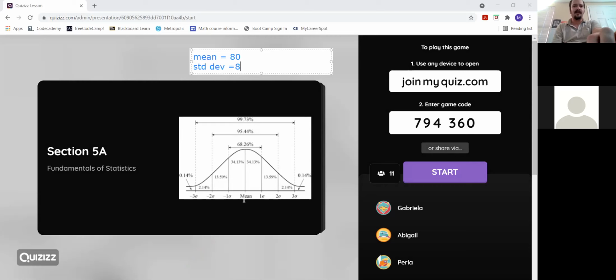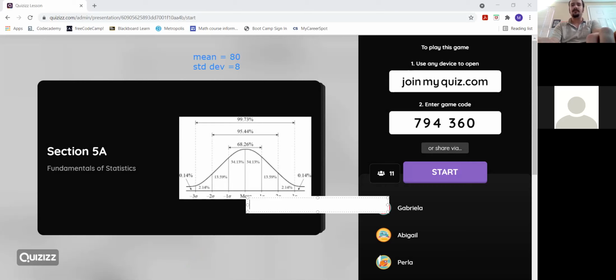You'd have to figure out that your mean is at 80. I think the SATs are scored like this. A lot of placement tests are. We're going 8 each time. So we're going up to 88, and up to 96 for 2 standard deviations. Going up 8 would be going up to 104.